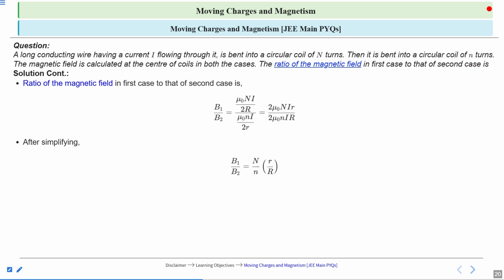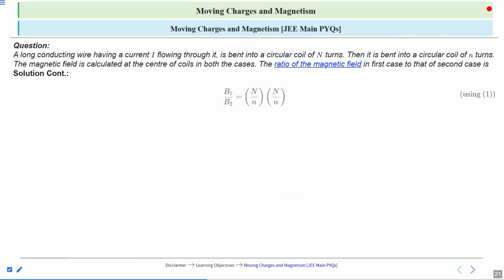Now we have found the ratio of the radii, small r upon capital R, in the previous slide, so we are going to use it. Using equation one, B1 upon B2 equals capital N upon small n times capital N upon small n. So the ratio B1 to B2 will be equal to capital N square to small n square.